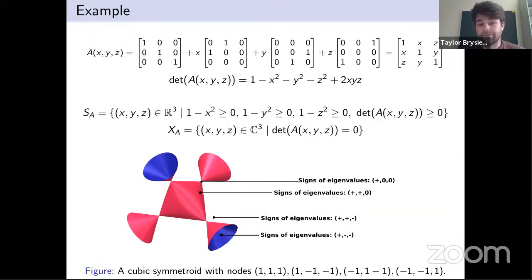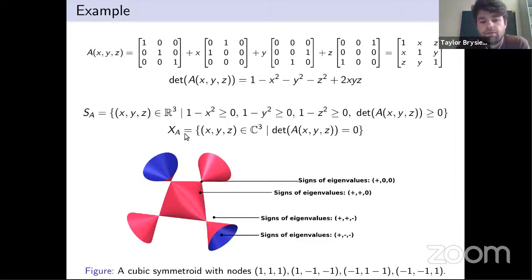The spectrahedron is when all the eigenvalues of a specialization in this space of matrices are non-negative. Equivalently, for symmetric matrices, I'm asking that all the principal minors are non-negative. That translates to these inequalities, but that's not so important right now.